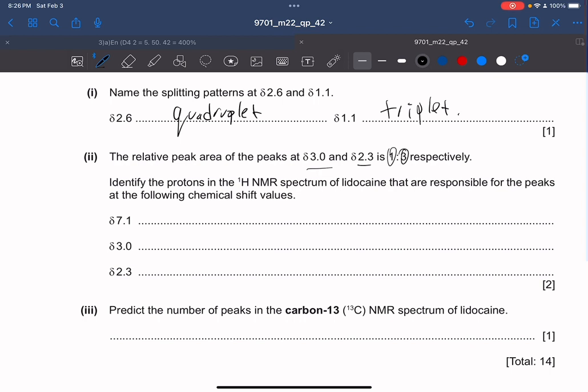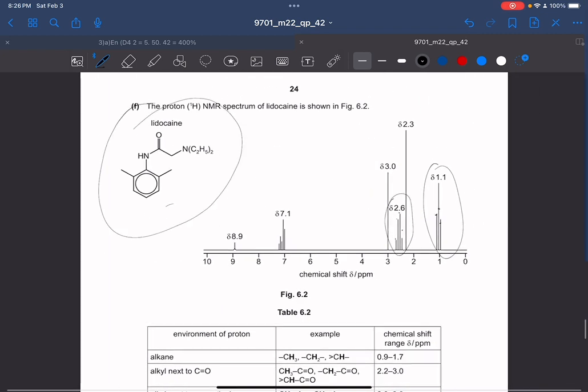The relative peak area of the peaks at 3.0 and 2.3 is 1 to 3. Identify the protons in the 1H NMR that are responsible for the peaks. Okay, so we do have the formula of the compound there. There are two things that I like to remember when I'm doing an NMR analysis.